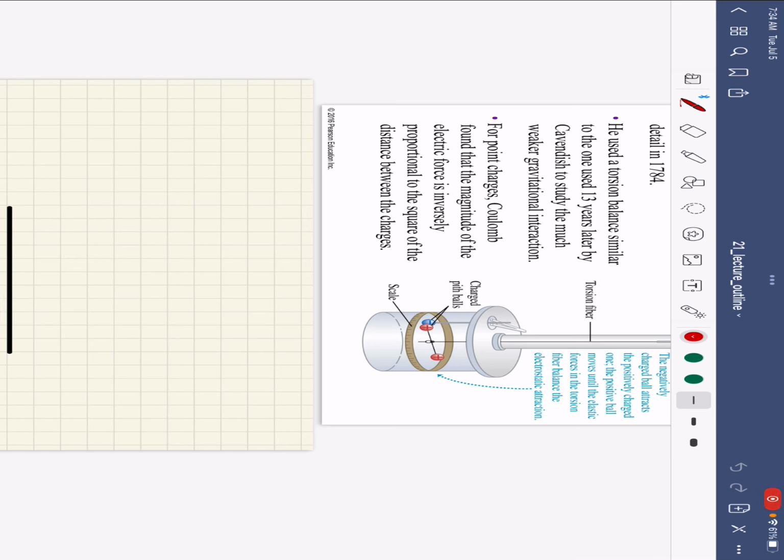Then that force, which I will call the electrical force, has to do with the product of Q1 and Q2. And there is an inverse proportionality with R squared.